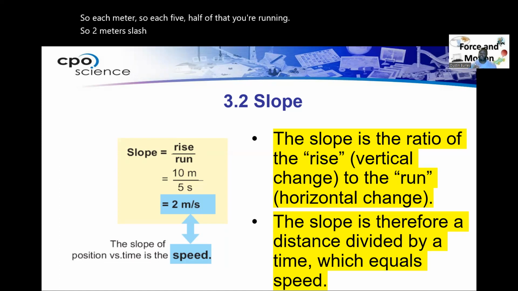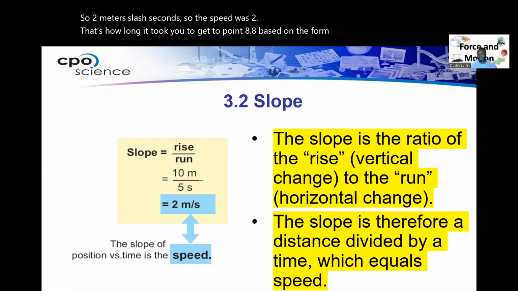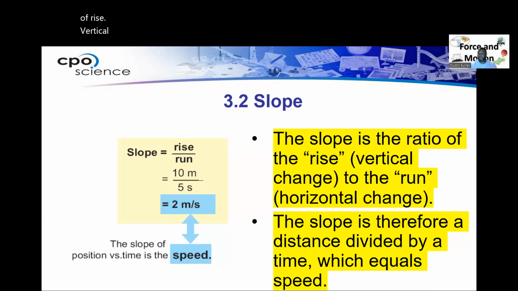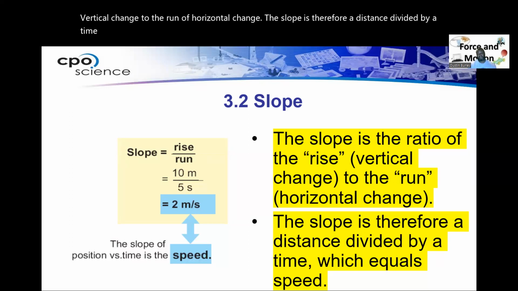So the speed was 2. That's how long it took you to get from point A to point B based on the formula. So slope is the ratio of the rise, the vertical change, to the run, the horizontal change. The slope is therefore a distance divided by a time, which equals speed. That's a mouthful.